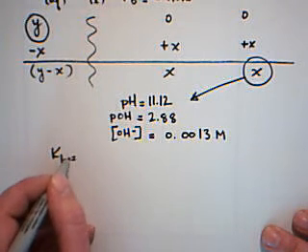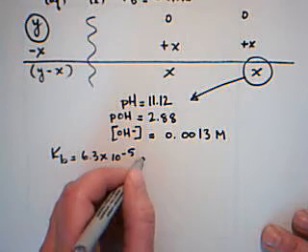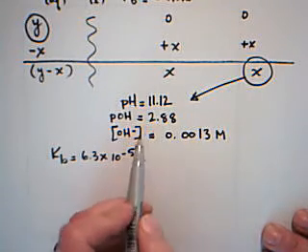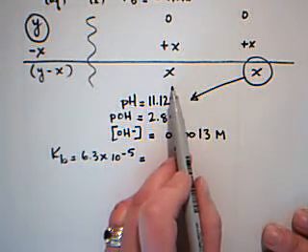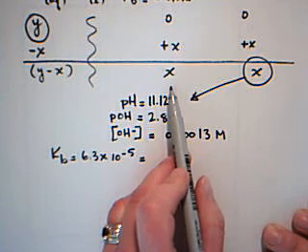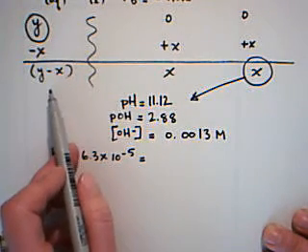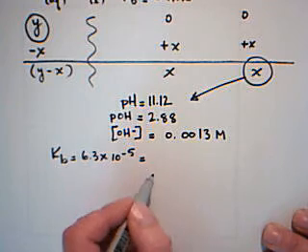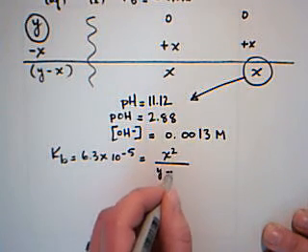Kb is equal to 6.3 times 10 to the minus 5, and that will be equal to concentration of hydroxide times the concentration of the R3NH+ divided by R3N. And so basically that is equal to x squared over y minus x.